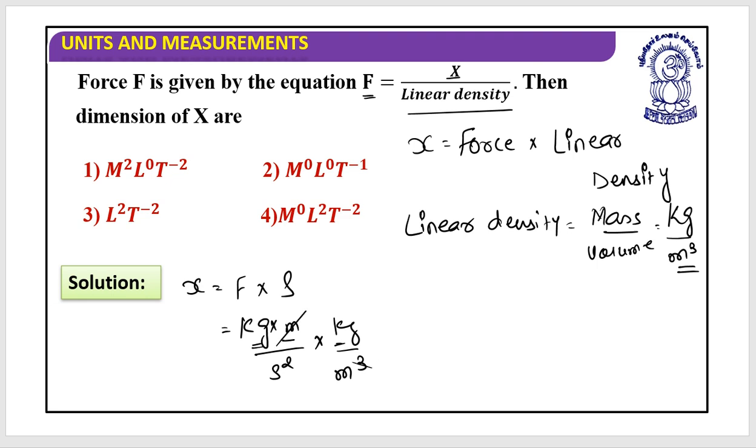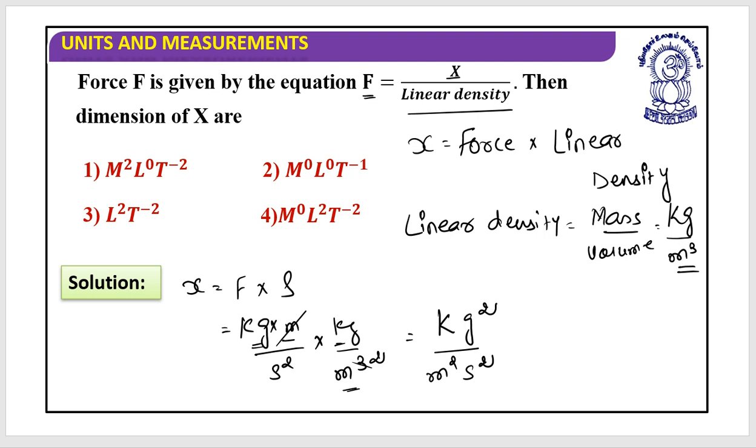Meter cube, so if I cut it down, it is meter square. So the situation would be kg square divided by meter square into second square. Yes, find out the option and do it.